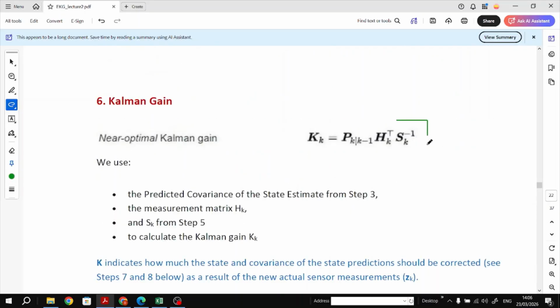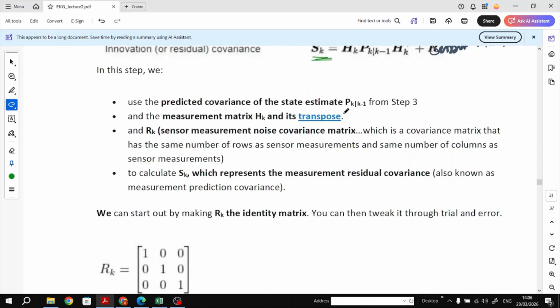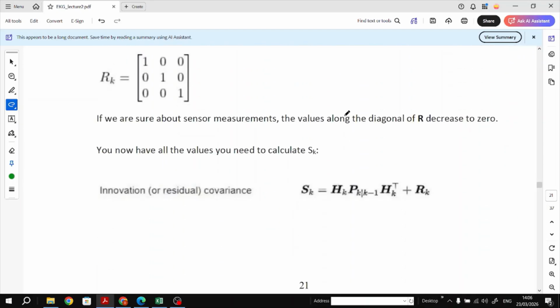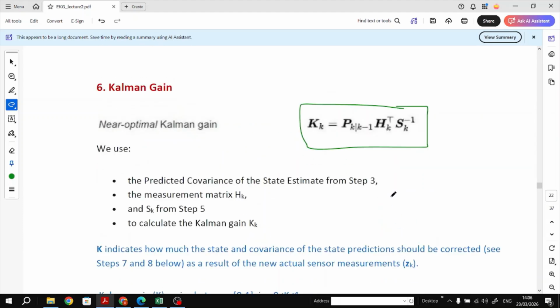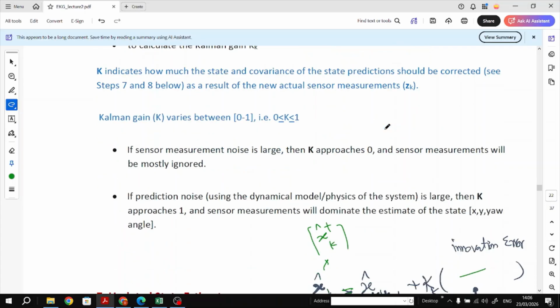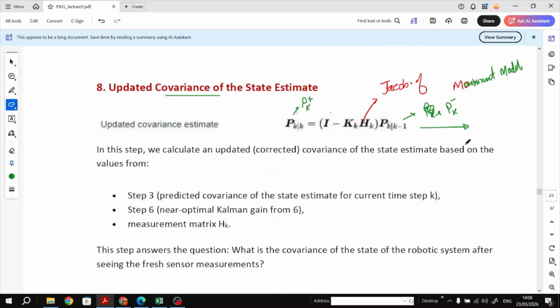You plug these into the Kalman gain equation and calculate the Kalman gain. Then you update your state using this fourth equation, and you update your state error covariance matrix using this fifth equation.